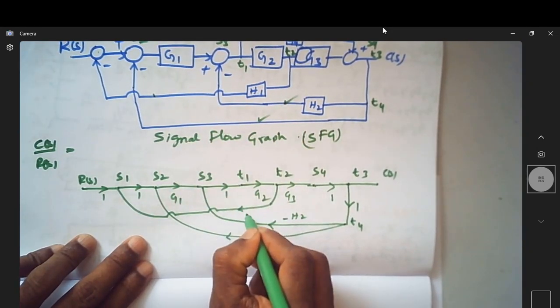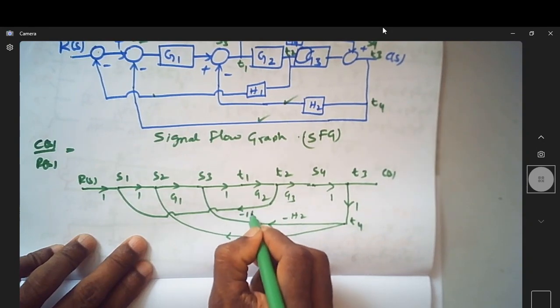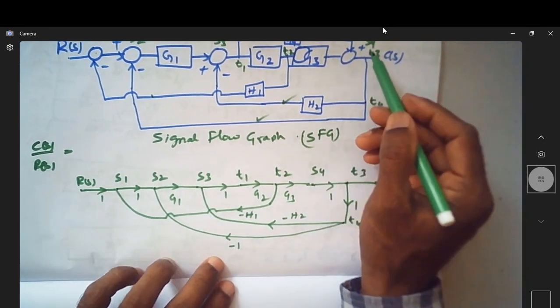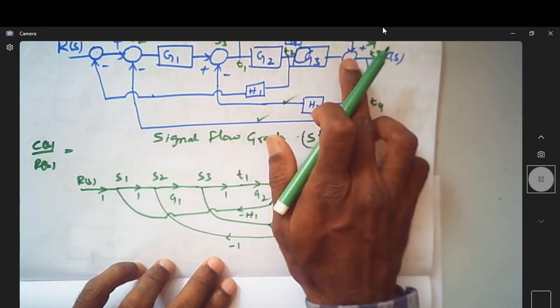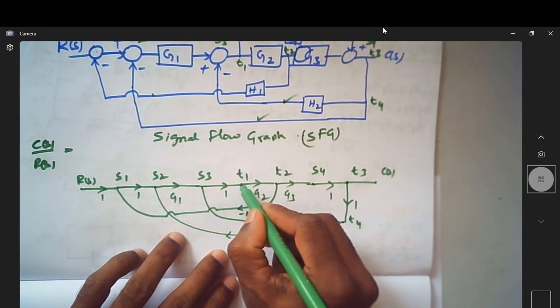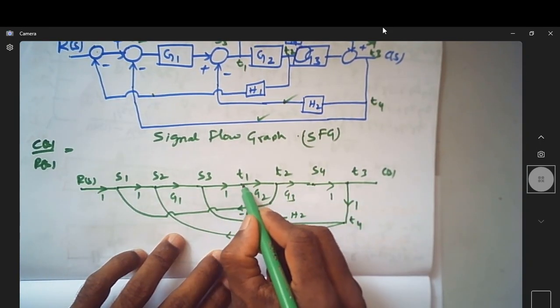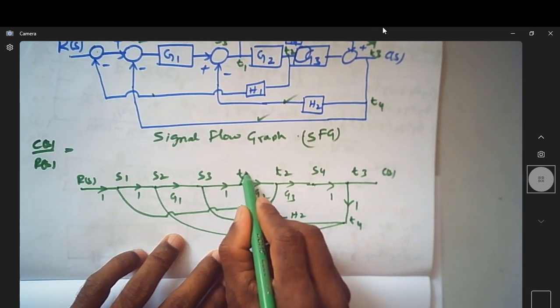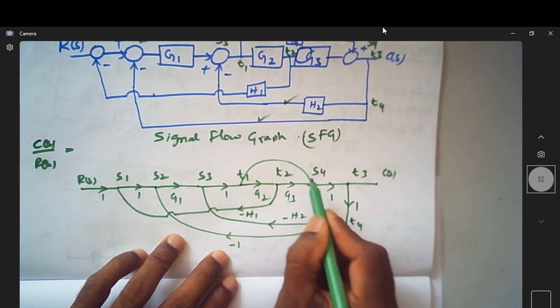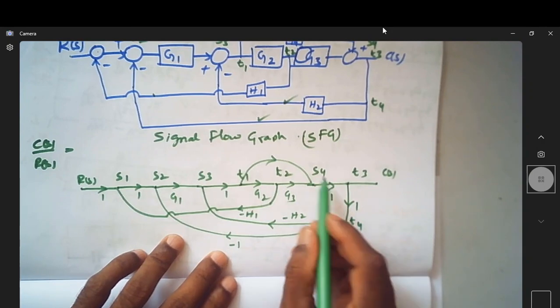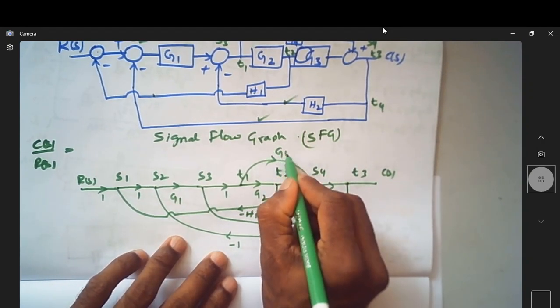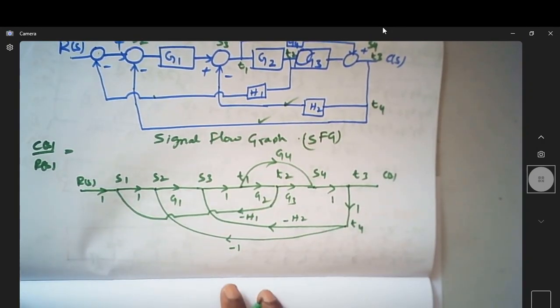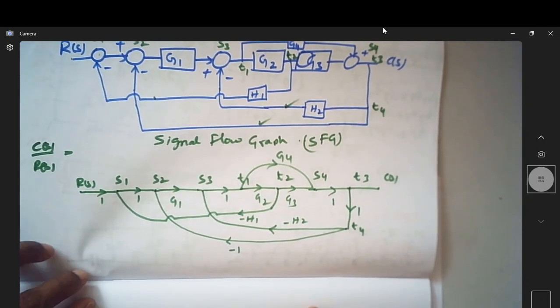So this is minus H1. And I have from T1 to S4, in this forward direction, the magnitude is G4. I think we are done with all of them.